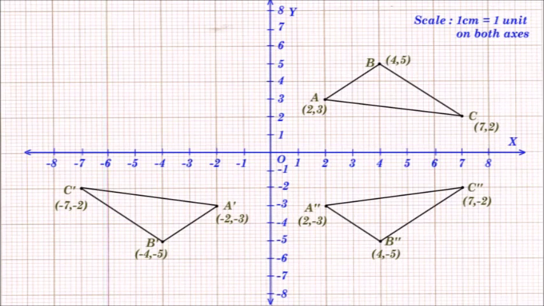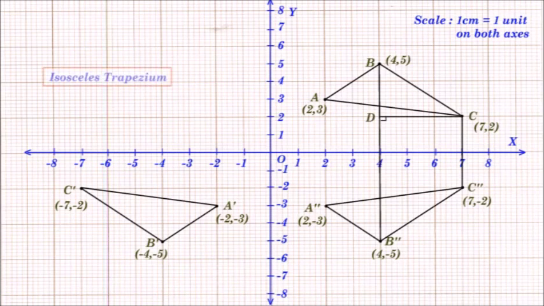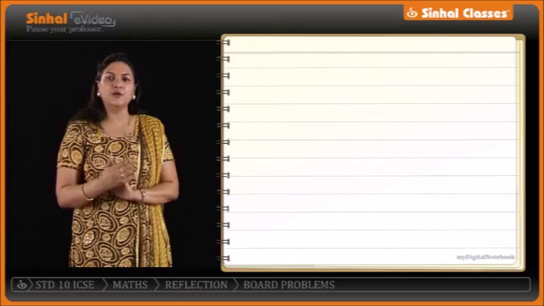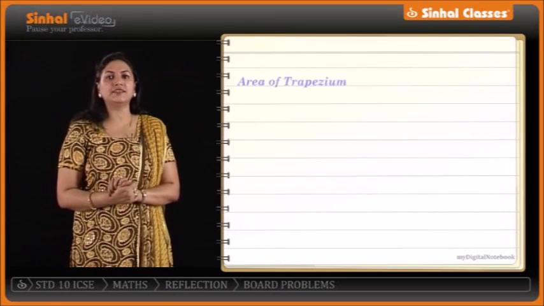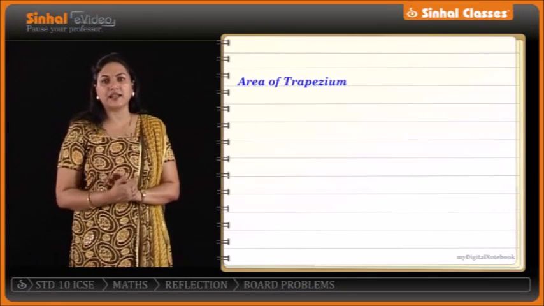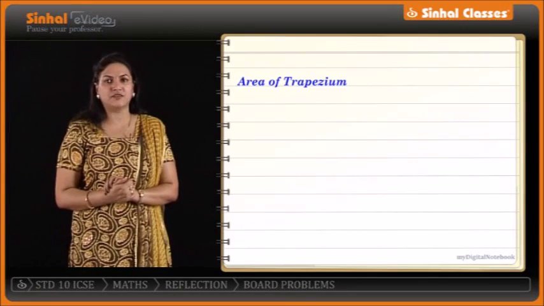Now we are told to join B, C, C'', B''. Let's join this. Now the figure obtained is an isosceles trapezium. Now we are also told to find the area of this figure. Now we know that area of a trapezium is half sum of the parallel sides into distance between them.